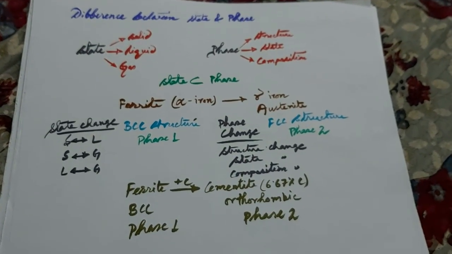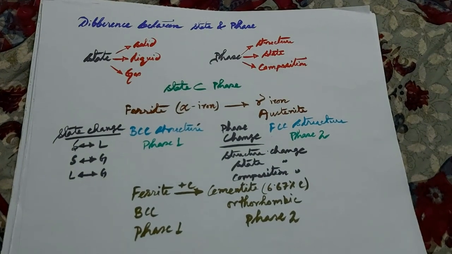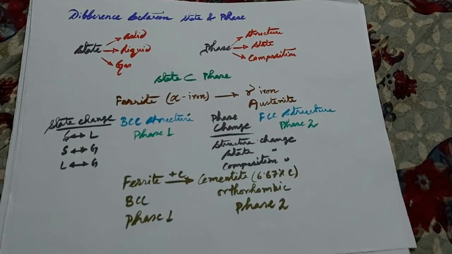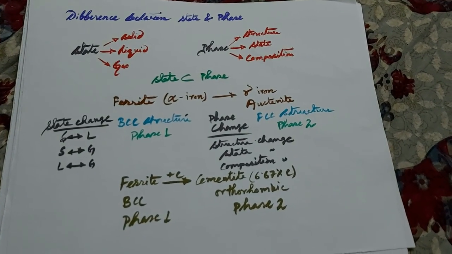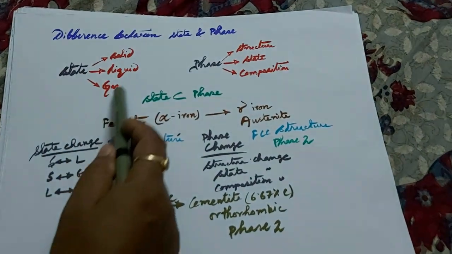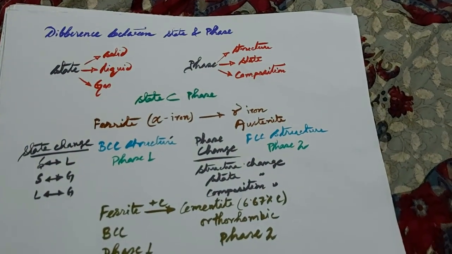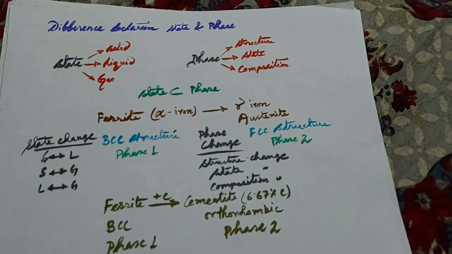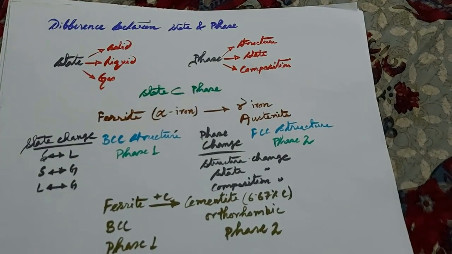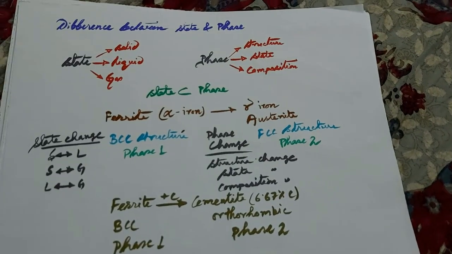Now I think you can easily understand the difference between phase and state. We have only 3 states, but the number of phases may be above 3, like alpha phase, beta phase, gamma phase, liquid phase.